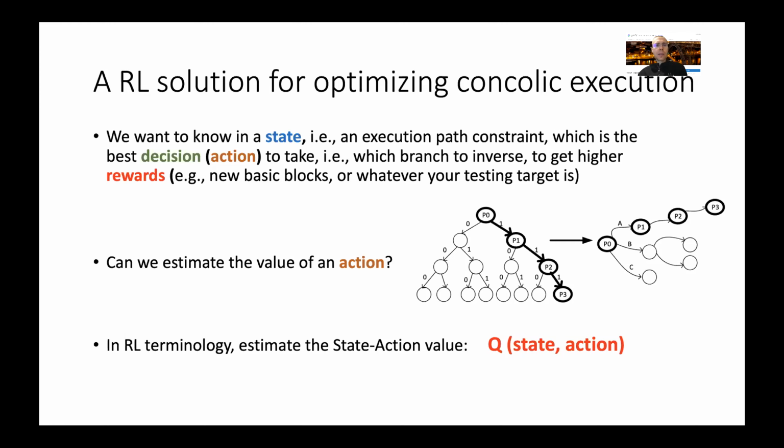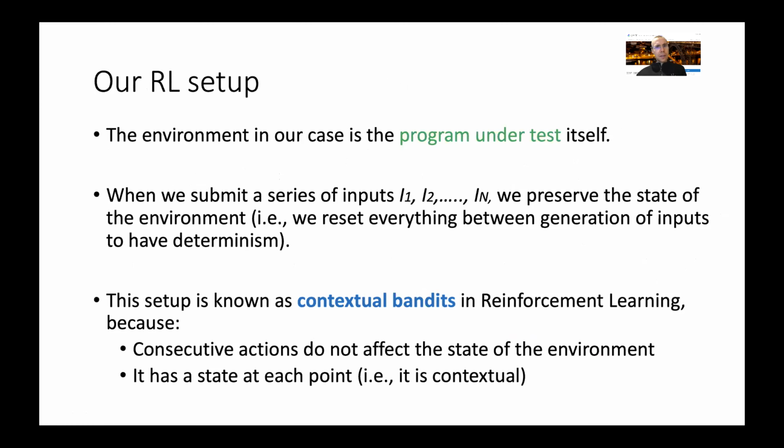And by higher rewards, it is basically the goal that you have for testing, because you could have different goals when you do fuzzing testing. One simple example is the number of new basic blocks that you could find by changing a branch condition in a given path constraint state. So this translates to evaluating the state action value. Okay, it's a classic Q-learning thing.